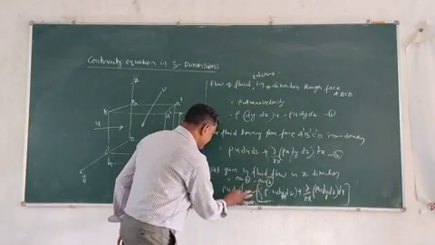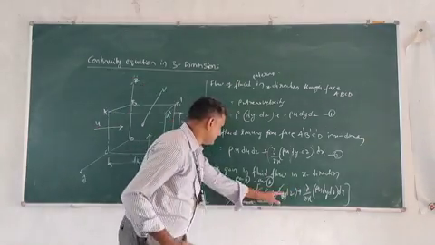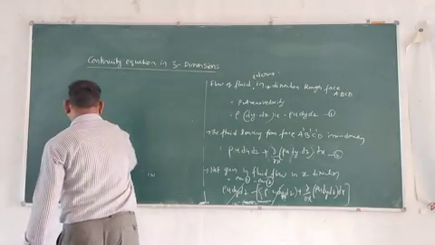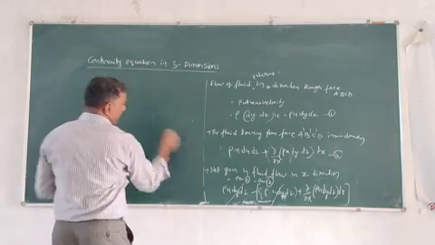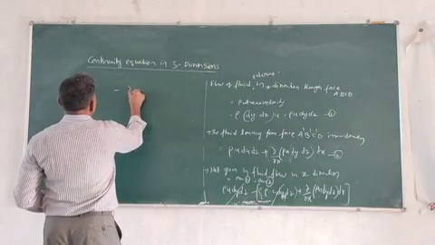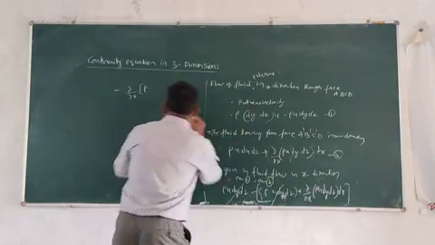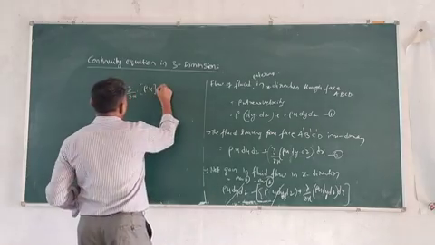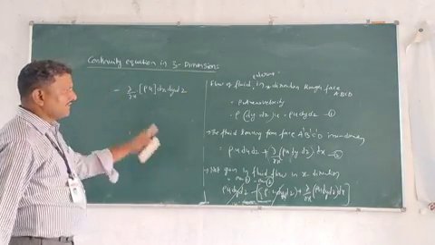We can cancel these two terms. What is the remainder? The minus sign follows: minus dou by dou x of rho u, taking these three terms out, dx dy dz.